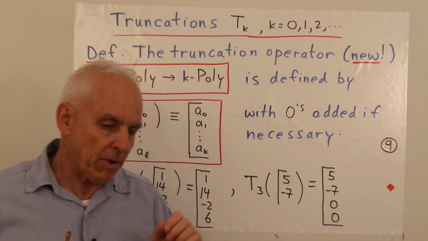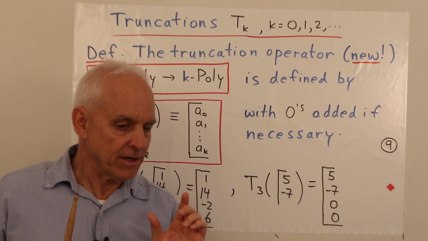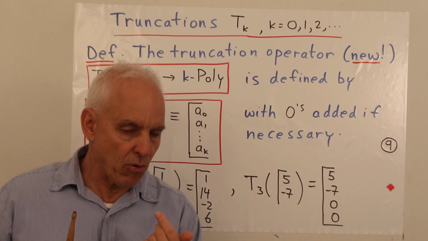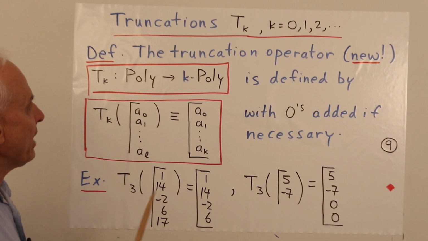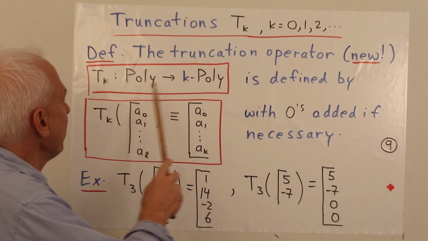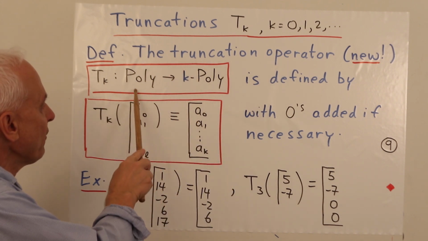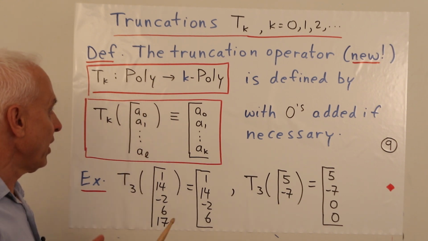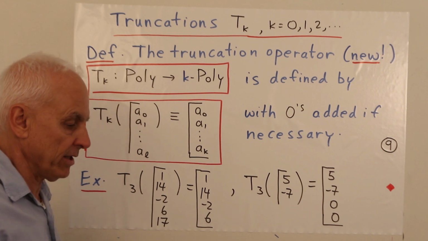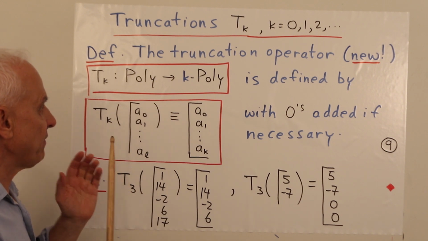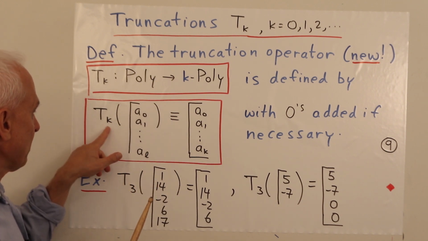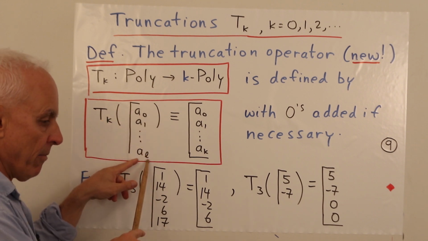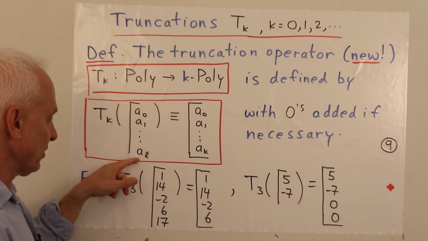So we're going to be doing something very similar, but the shift is important, okay? We're going to now think of this truncation operator t sub k as going from the algebra of polynumbers, or poly, to the algebra of k-polys. And it's defined as follows. So t sub k, here's a polynumber, a0, a1, down to some a sub l.